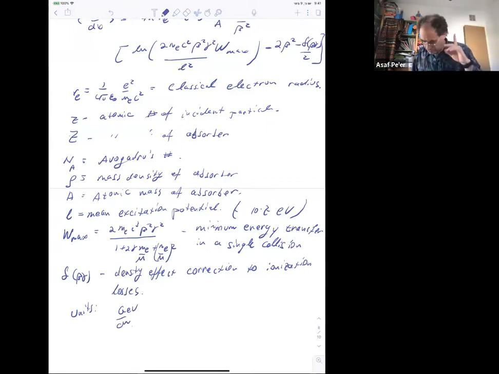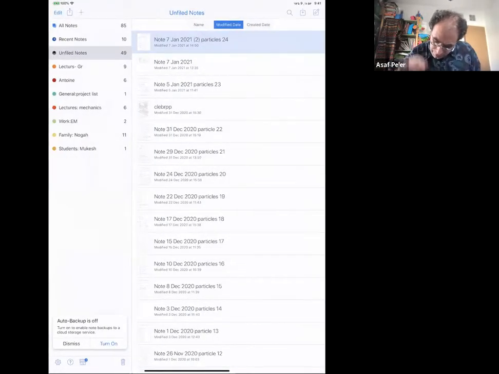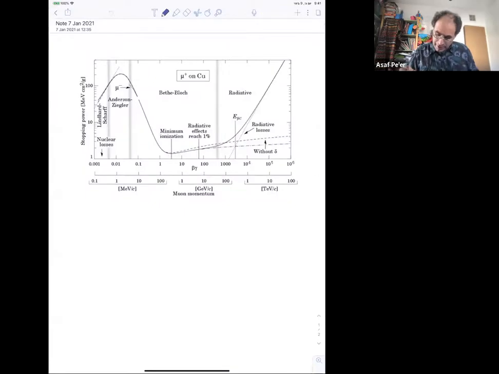Okay, now I prepared in advance here. This is how it looks. This is minus dE/dx for a positive muon in copper.